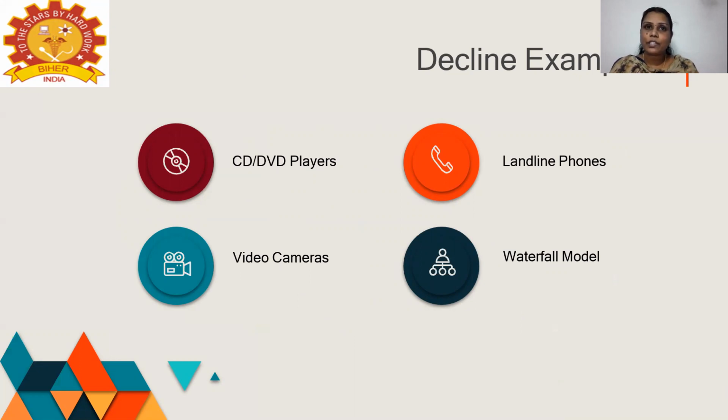Today we saw the product life cycle, which is nothing but the same kind of life cycle a human being goes through. A human being enters the world, grows, matures, and then death comes. In the same way, even for a product, there is an entry. Even before the introduction, there is something called the concept, the idea generation.